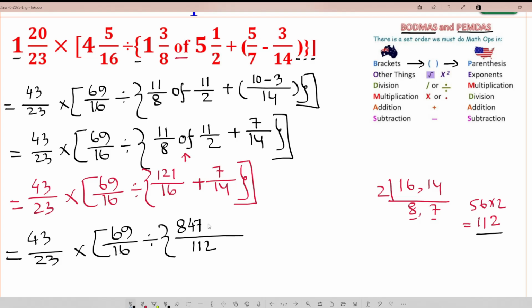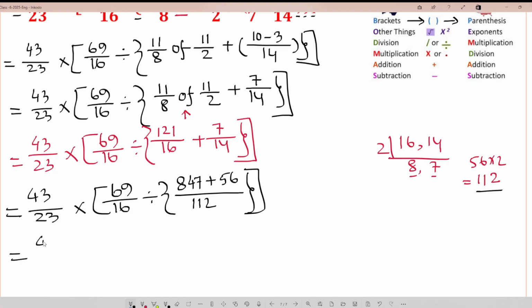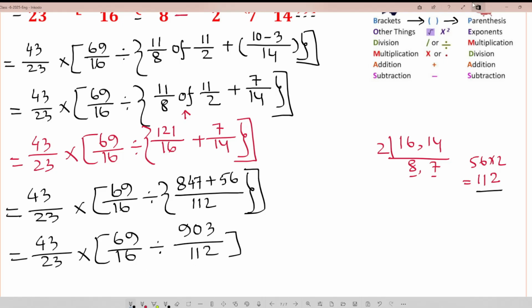Then plus 112 divided by 14 is 8. 8 times 7 is 56. Okay. Then 43/23 times 69/16, divide, then 847 plus 56 will be 903/112. Okay.